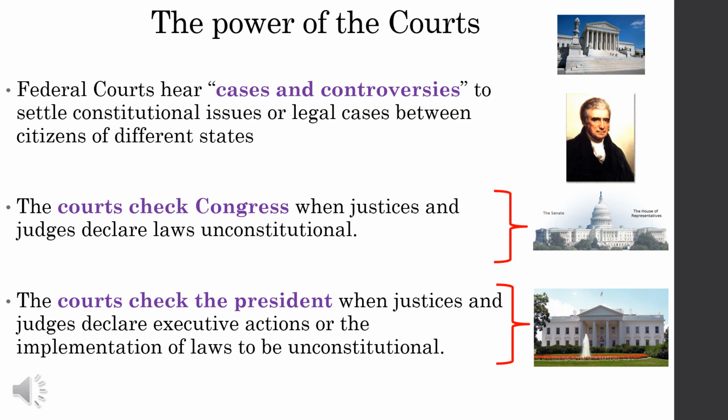Executive branch, what are you doing? You're trying to implement a law in a way that is unconstitutional, or you're supposed to be doing something and you're not. This is the check against selective enforcement by the president. So, this guy might have made the courts the most powerful branch of them all. Go to the next slide.